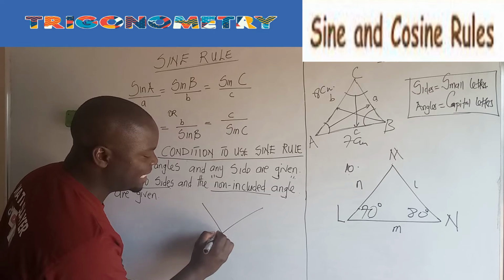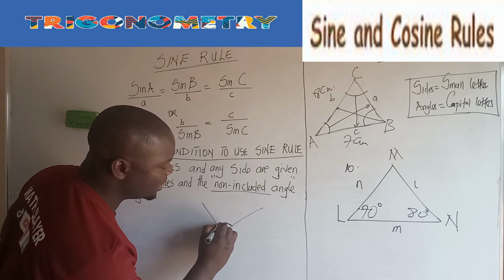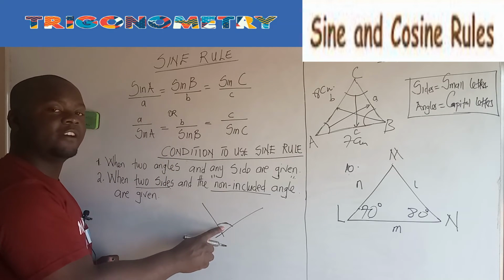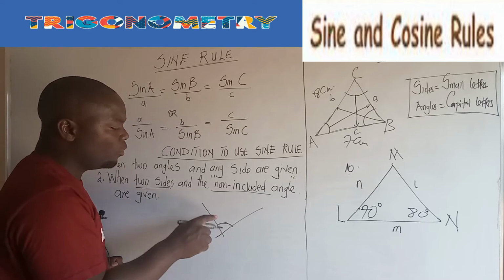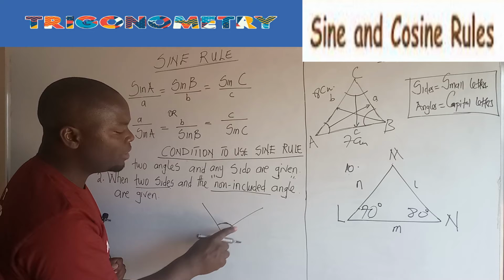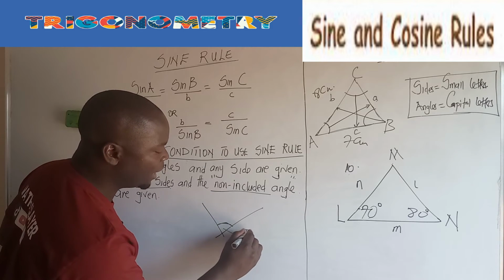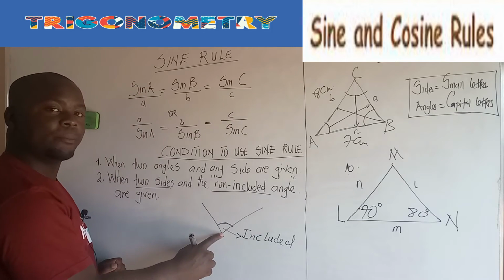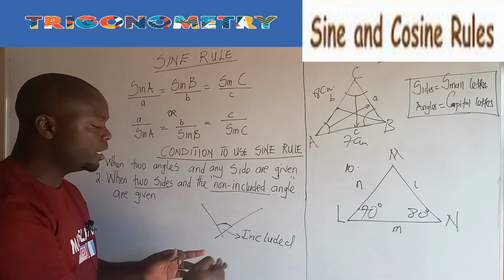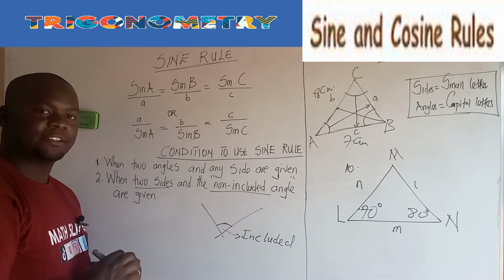So these two lines are forming an area. So this area which is formed is the one you are referring to as an angle. Okay? So now, the angle which is formed when two lines meet is called the included angle. So this is the included angle because it is the angle which is formed when these two lines meet.